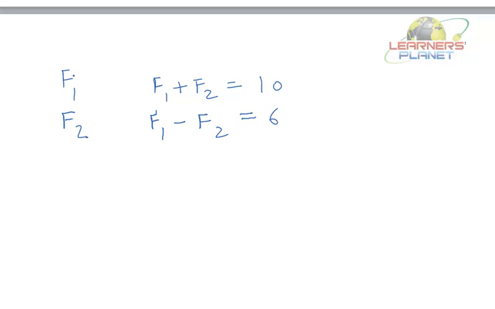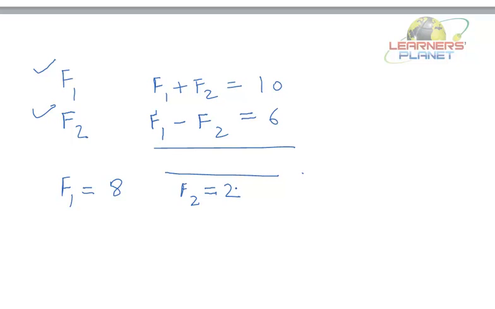We are assuming here that F1 is greater than F2. So if you solve this, you will get the value of F1 as 8 and F2 as 2. This is a simple linear equation which you can solve.